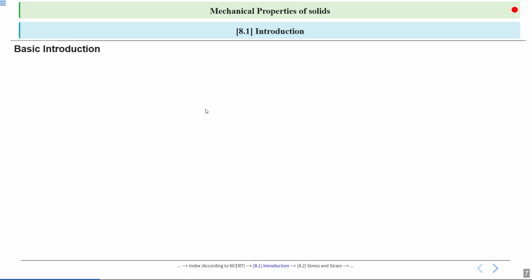Now, we are focusing on a fundamental concept in physics, elasticity. This is a key property that helps us understand how materials behave under force.